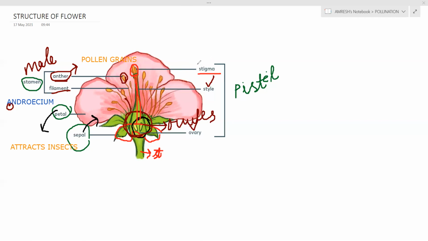Now the pollen grains coming from the male flower reach the stigma of the female flower. Pollen grains will come and land on the stigma.